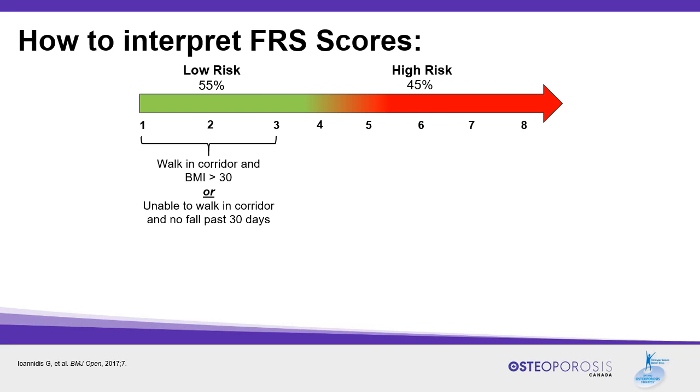Those who are low risk tend to be those who can walk in the corridor independently with a BMI greater than 30, or unable to walk in the corridor and not fallen in the past 30 days.